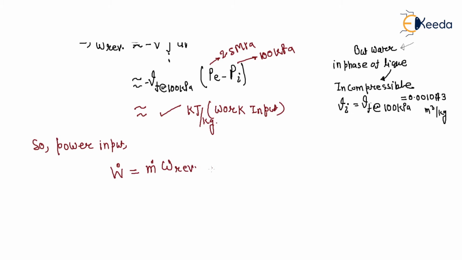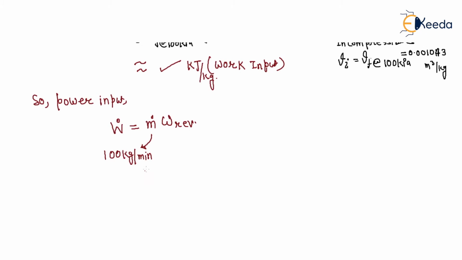This is the power input. What is m dot? 100 kg per minute, so you change it to kg per second, and multiply it, giving kilojoule per second.